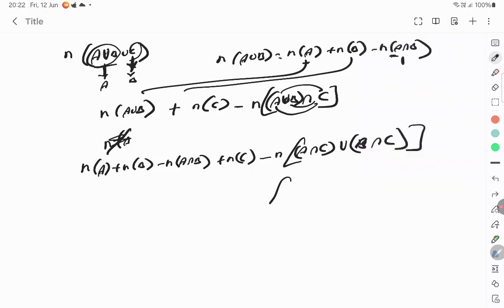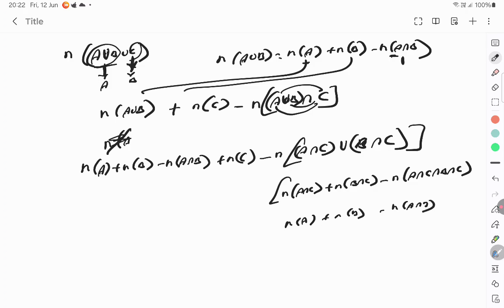So you're going to apply the union formula: n of A, which is A intersection C, plus n of B, which is B intersection C, minus n of (A intersection C) intersection (B intersection C), which is like n of A plus n of B minus n of A intersection B. In the place of A and B, I have different values. I'm substituting.